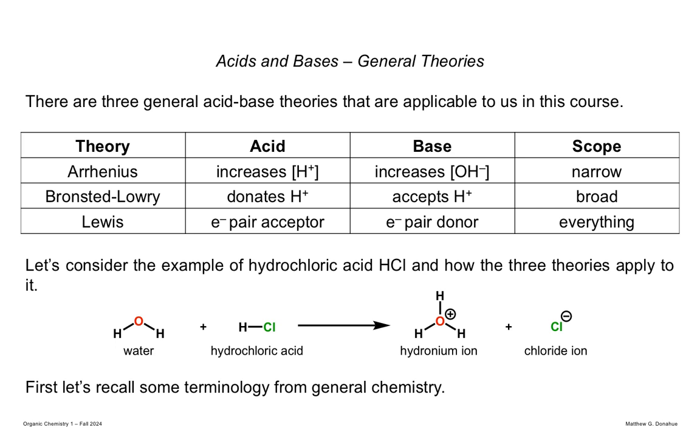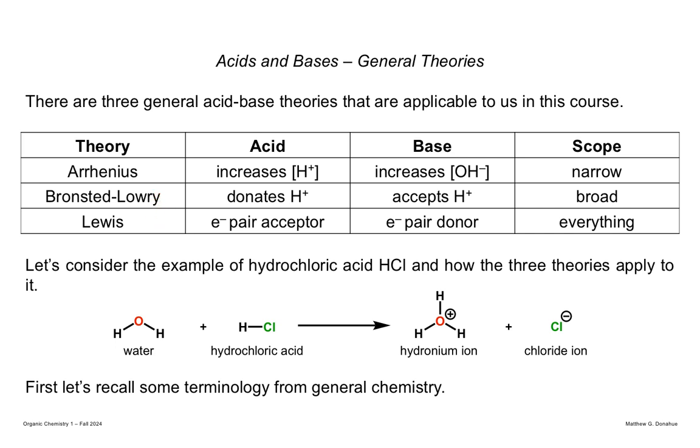So from Gen Chem, you probably learned about 3 different theories of acidity. And as we'll see in the table here, they range from pretty specific to very general. And so there's the Arrhenius theory, Bronsted-Lowry, and then the Lewis theories.